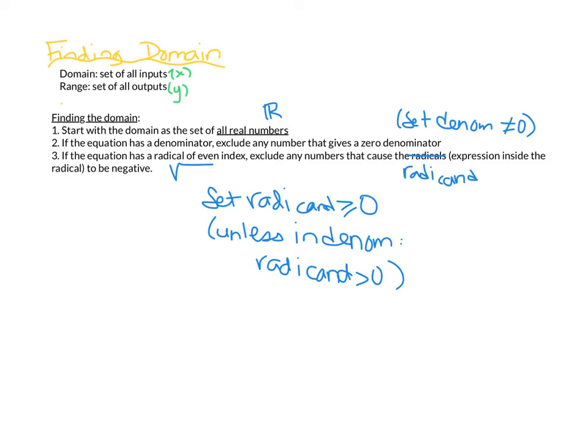Actually, before we do an example, I just want to make sure that you know the notation that's used in your book. With domain, you will see all sorts of different notations. You'll see interval notation. You'll see just greater than, less than, not equal to. It's different pretty much for every class. I'll show you the one that you will probably see the most. You're usually going to see something like this.